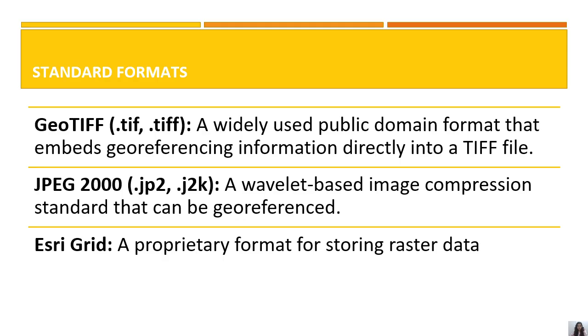A GeoTIFF file is most commonly used because it has a lot of information on locations and sources, so it has a complete set. But with JPEG, we need to save the image and later georeference it. And ESRI Grid is a product developed by ESRI developers.